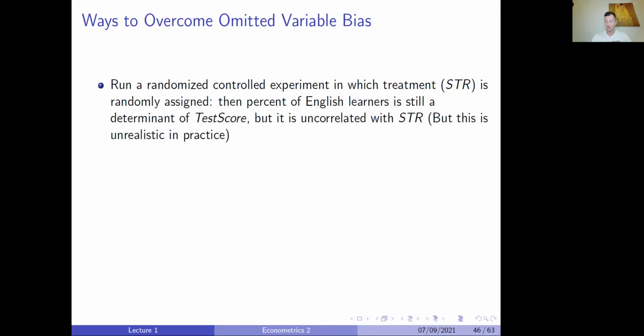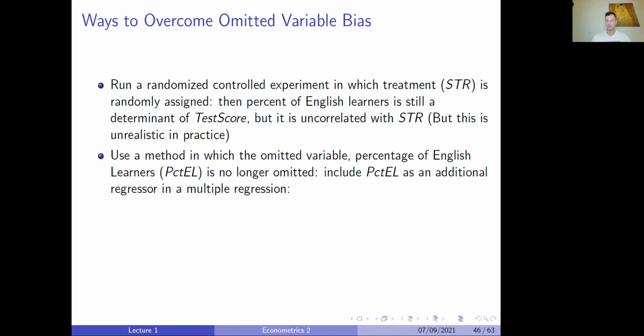It is completely unrealistic. What can we do? We can include the omitted variable, percentage of English learners, in the regression. And in this case, we will get a multiple regression model. So now instead of one variable, str, we have two variables, str and pctel.